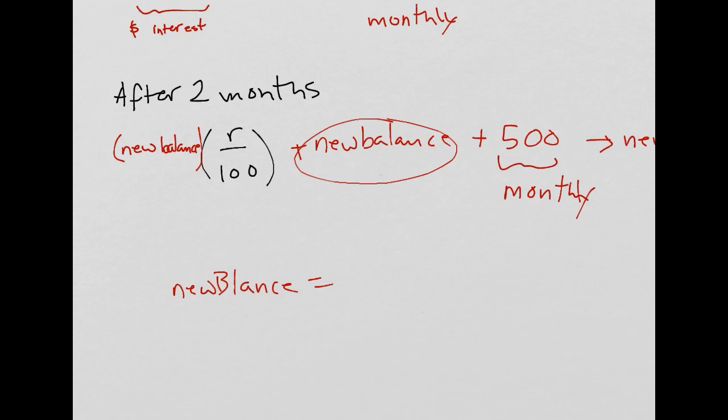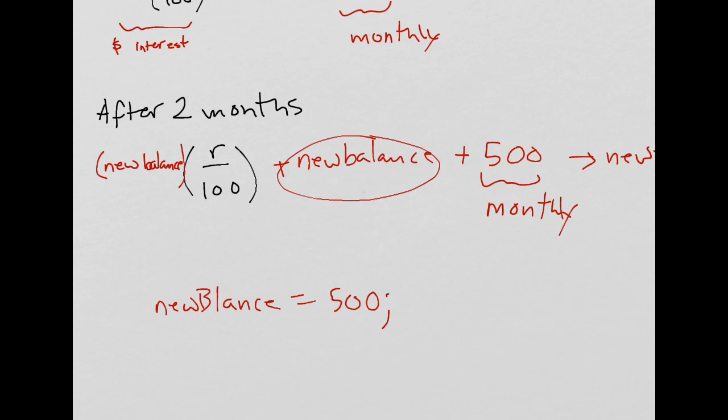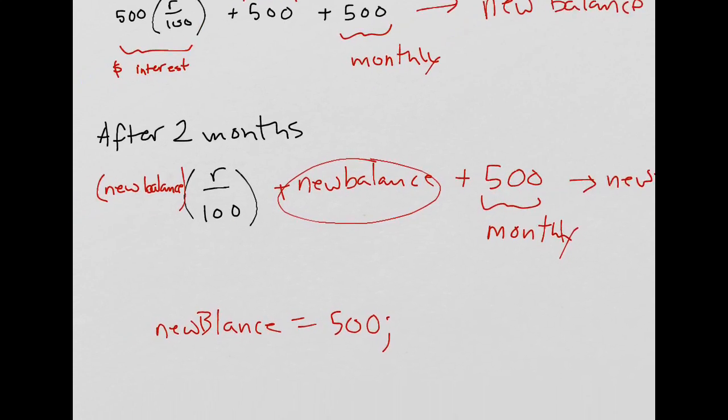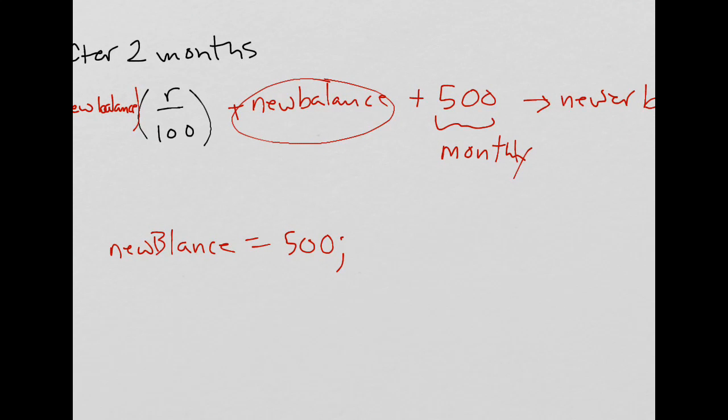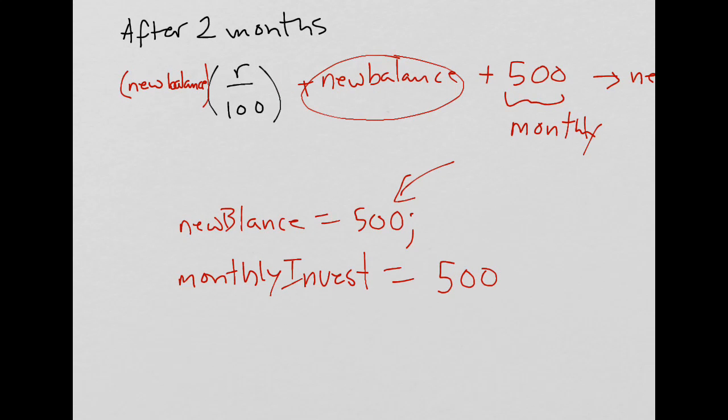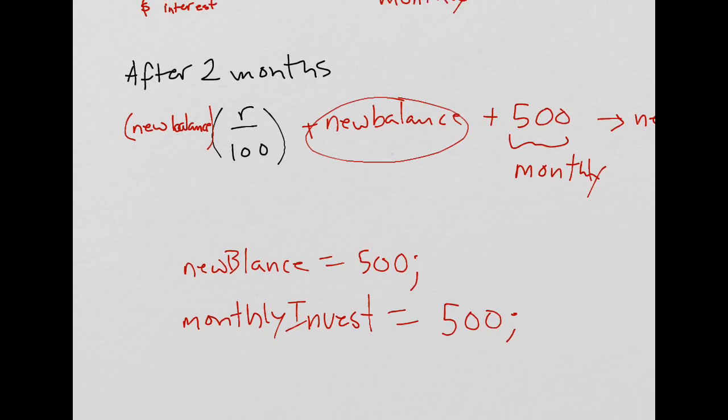I'll initialize it to 500, if that's my monthly and my initial balance. So I'll have this thing called new balance, and I'll also have something called monthly investment, and that's going to be the same thing as my initial value. So in this case, it'll be 500.